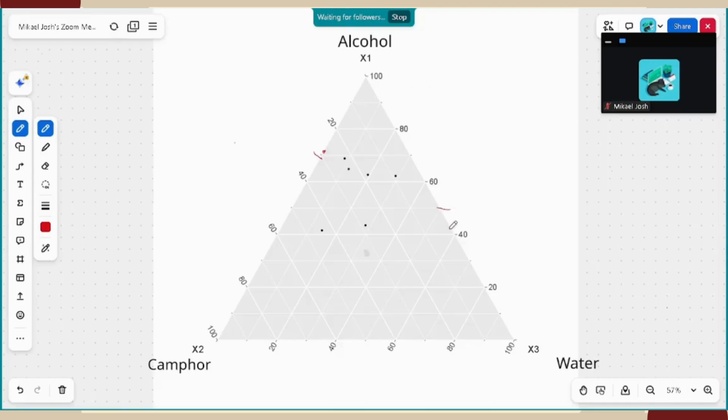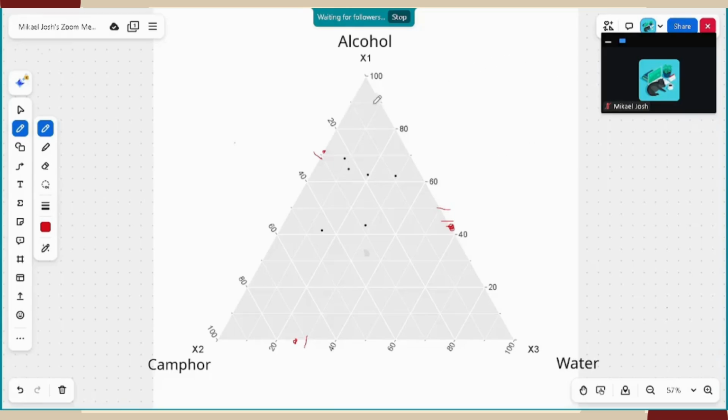This is 50, so 45, then 43% around here. As for our water, we have 28.13%, so around here.